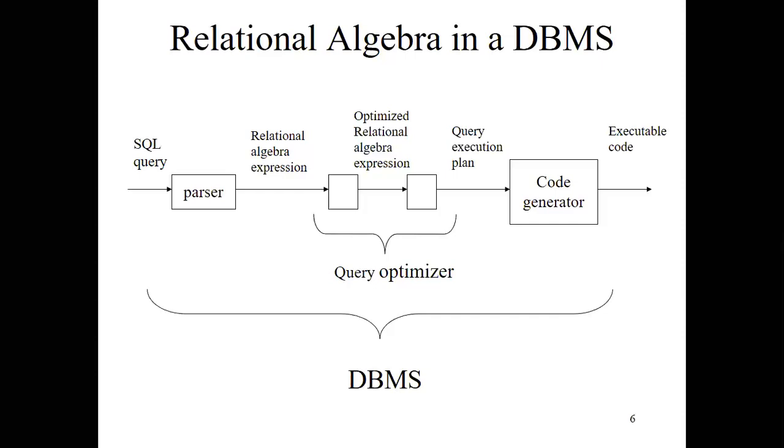This relational algebra expression is converted into an optimized relational algebra expression, which is again converted into a query expression plan. This job is done by a component in the DBMS called the Query Optimizer.